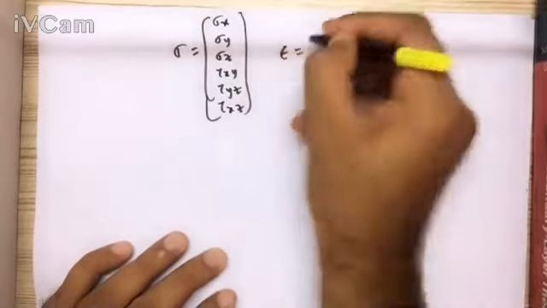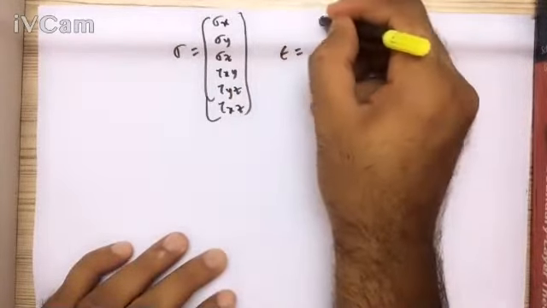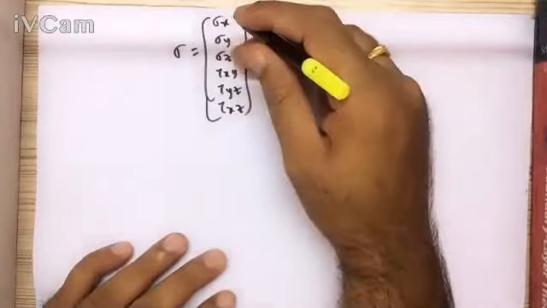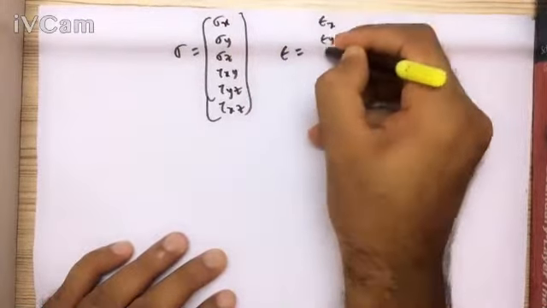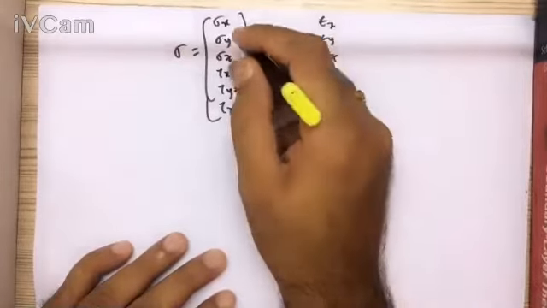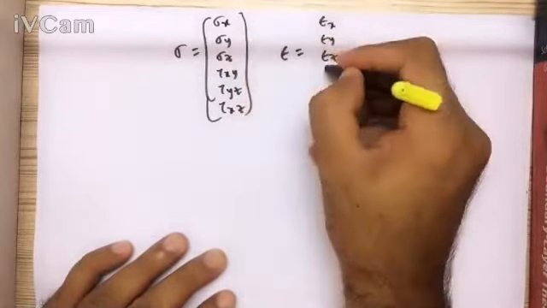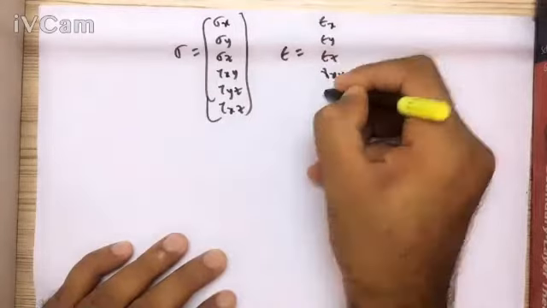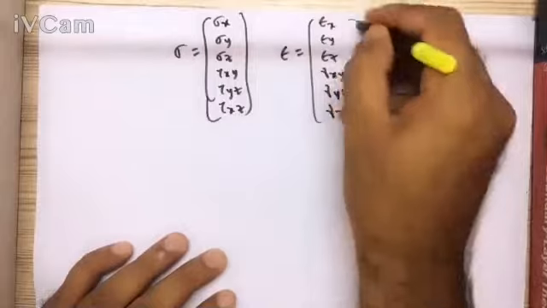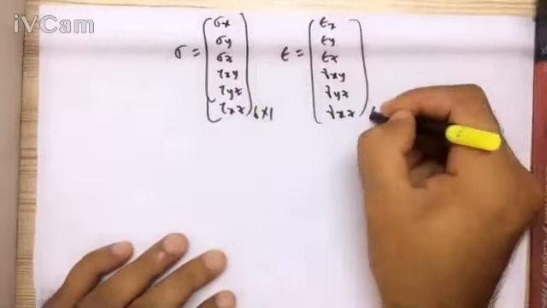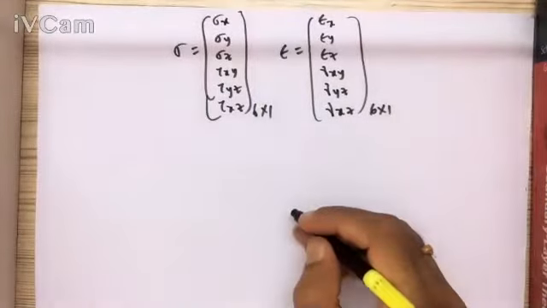What is epsilon? Epsilon corresponds to the 3 normal stresses: we have 3 normal strains, epsilon x, epsilon y, epsilon z. Corresponding to 3 shear stresses, we have 3 shear strains: gamma xy, gamma yz, gamma xz. This is 6 by 1 and this is also 6 by 1.